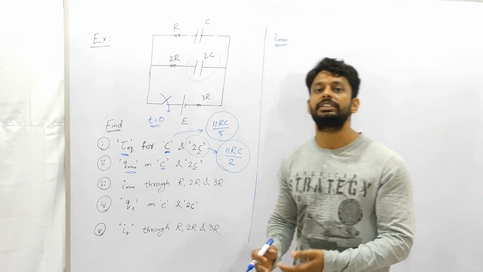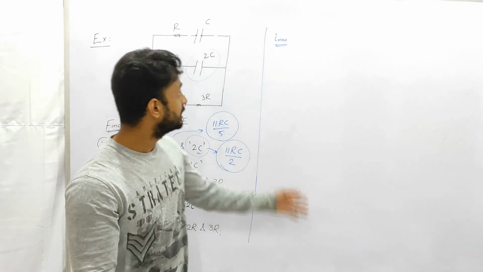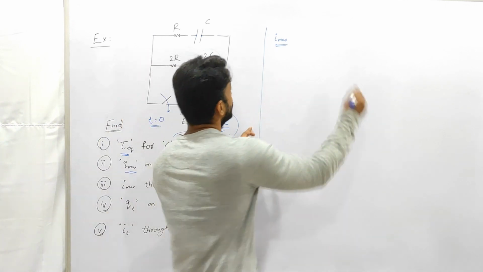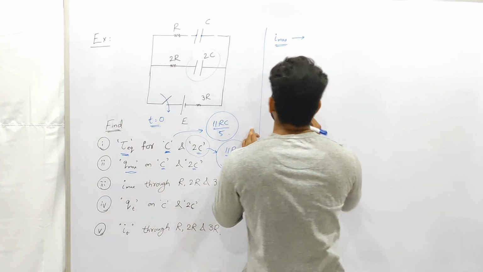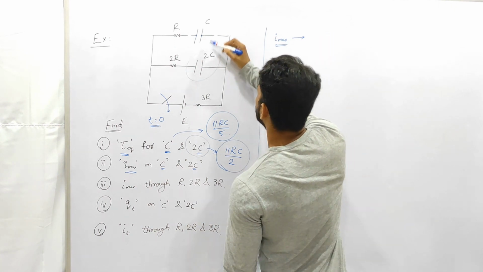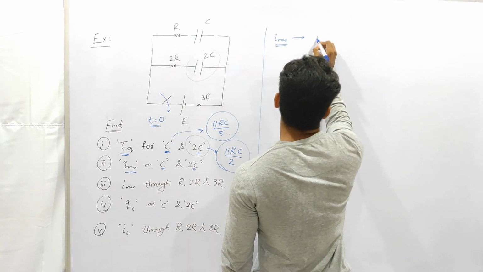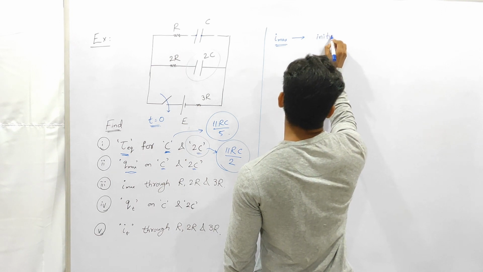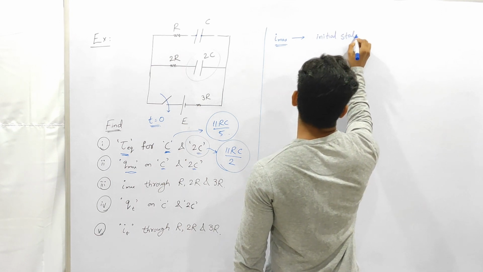That means when the capacitor is not charged, that means in the initial stage. So simply writing, you get the maximum current in any branch of the circuit when the capacitors are uncharged, or I can write it as the initial state.